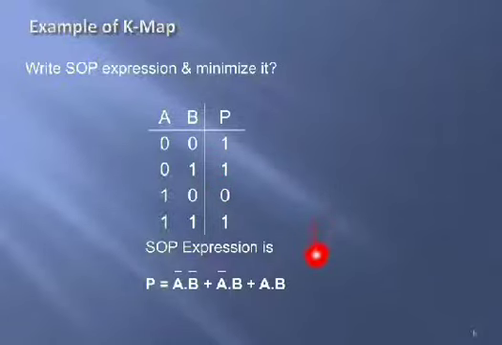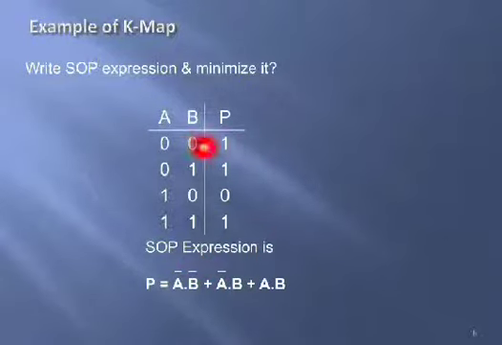Before using the K-map, you can write the expression P, that means you are writing the SOP form, the sum of products form. For writing the sum of products form, what is the procedure you need to adopt? We need to see for which input combinations you are getting the output as 1. All those product terms you need to write, and all those product terms should be ORed.